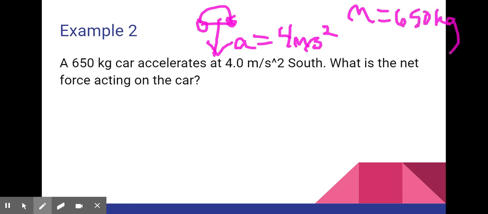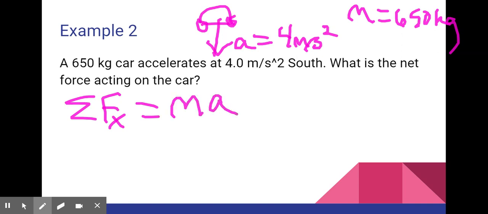What's the net force? So again, we have balanced forces in the Y, so our gravity and our normal force are balanced. So really, our net force in the X plane is going to be equal to the mass of this car times its acceleration in the X plane. So our mass is 650 kilograms. Kilograms is our SI unit.